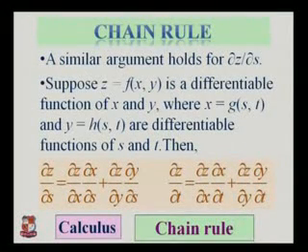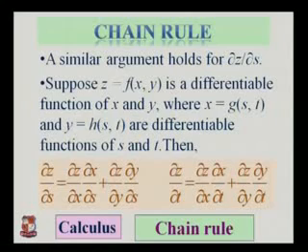A similar argument holds for del z by del s also. Suppose z is a differentiable function of x and y, where x is equal to g of s and t and y is equal to h of s and t are differentiable functions of s and t both.